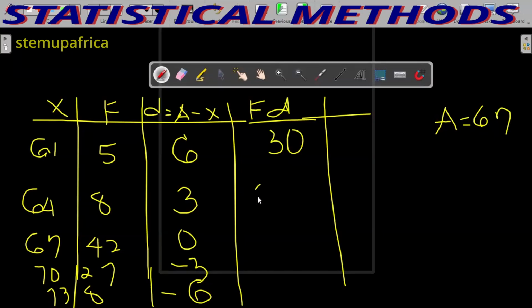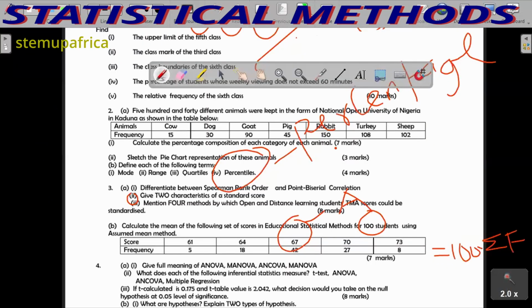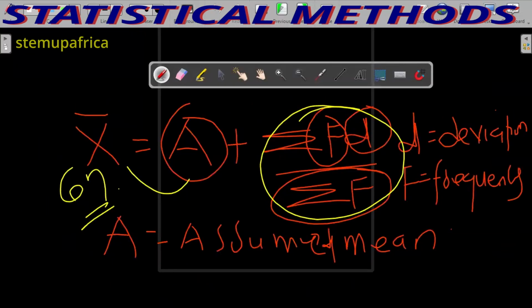That will give us 24. The next one is 42 times 0. That will give us 0. Then 27 times minus 3 will give us minus 81. Then 8 times minus 6 will give us minus 48.